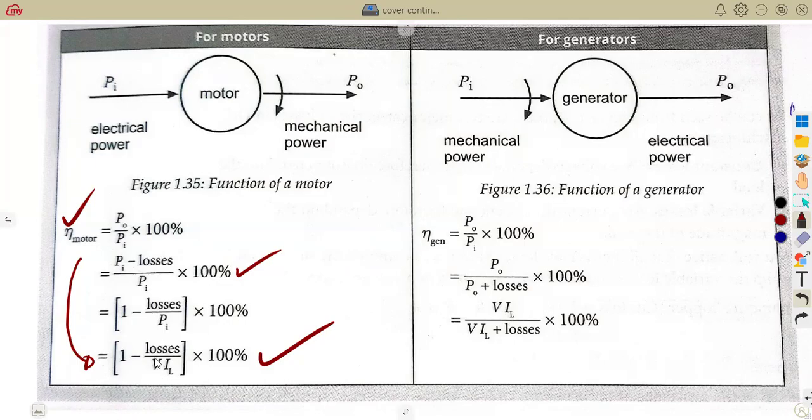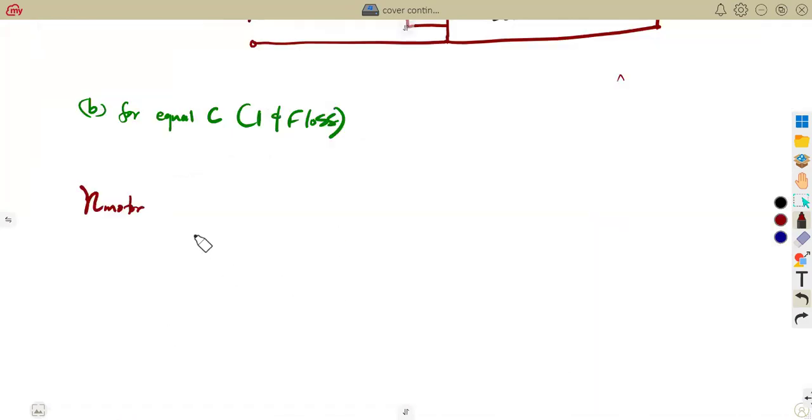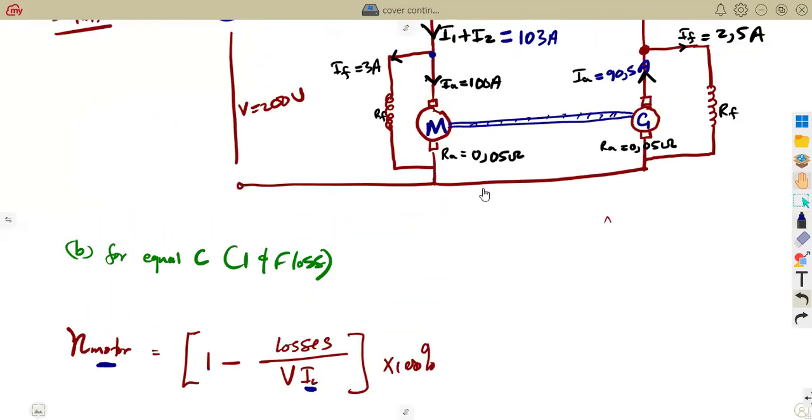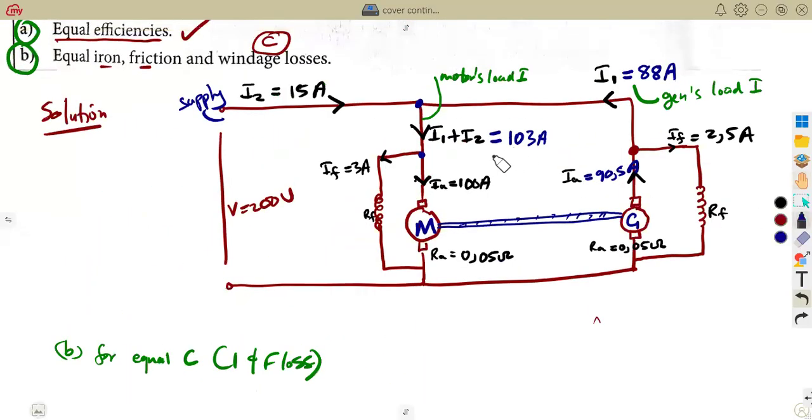We can have this one as 1 minus losses over V in. So if you are using this one, 1 minus losses over voltage times the load current, we are going to make adjustments to our formula because here we are saying this current is the load current for the motor. So according to our diagram, what is the load current for the motor? The motor's load current is I1 plus I2.